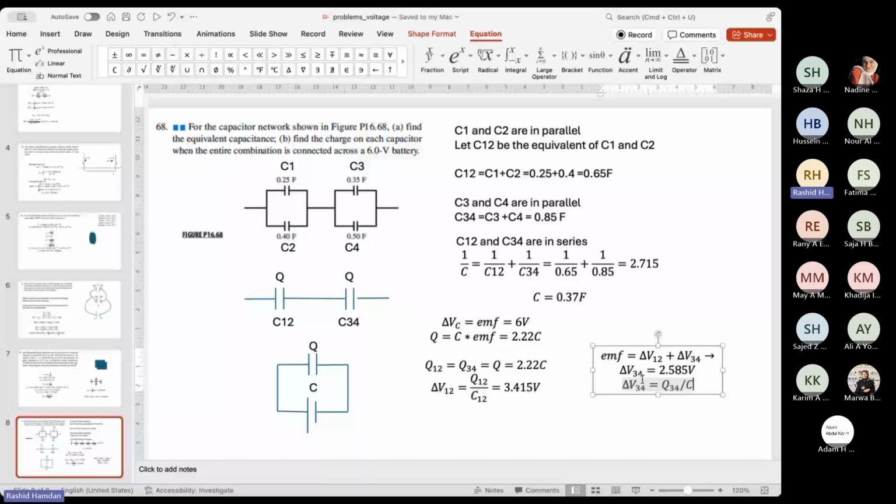It should give me the same answer. So now I have the voltage on these intermediate equivalent capacitors.